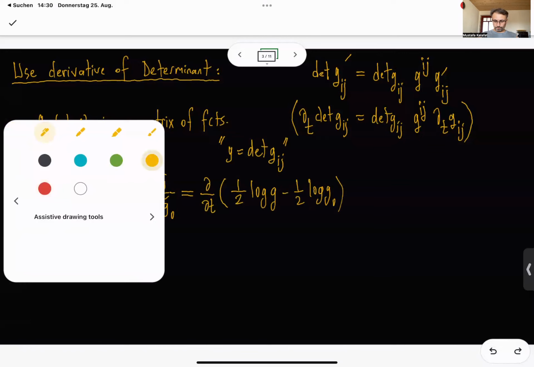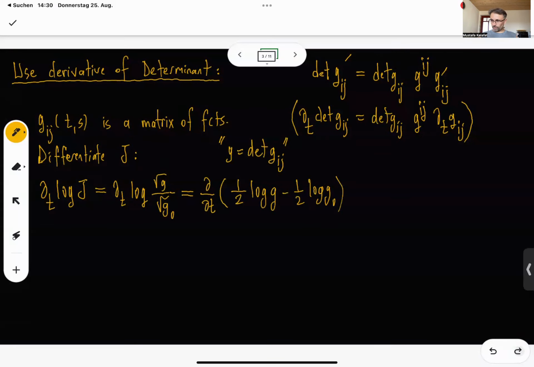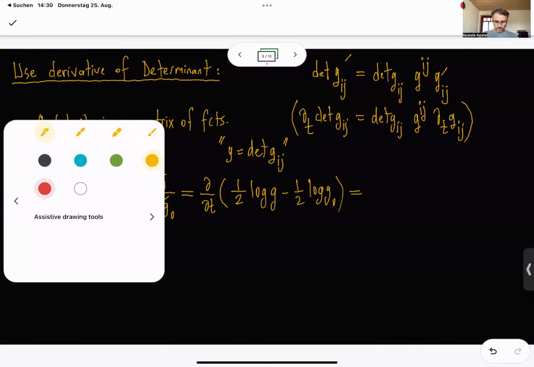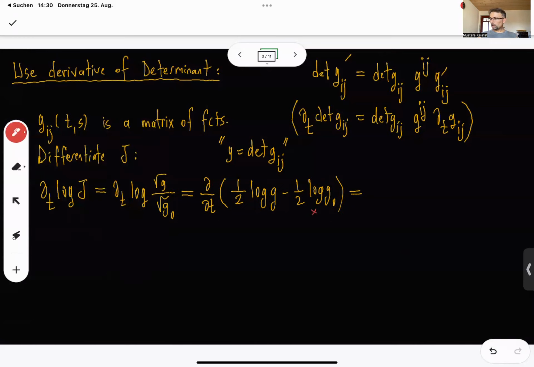After differentiation, the second term drops, and what you have is just the first one: 1/2 partial t log g.